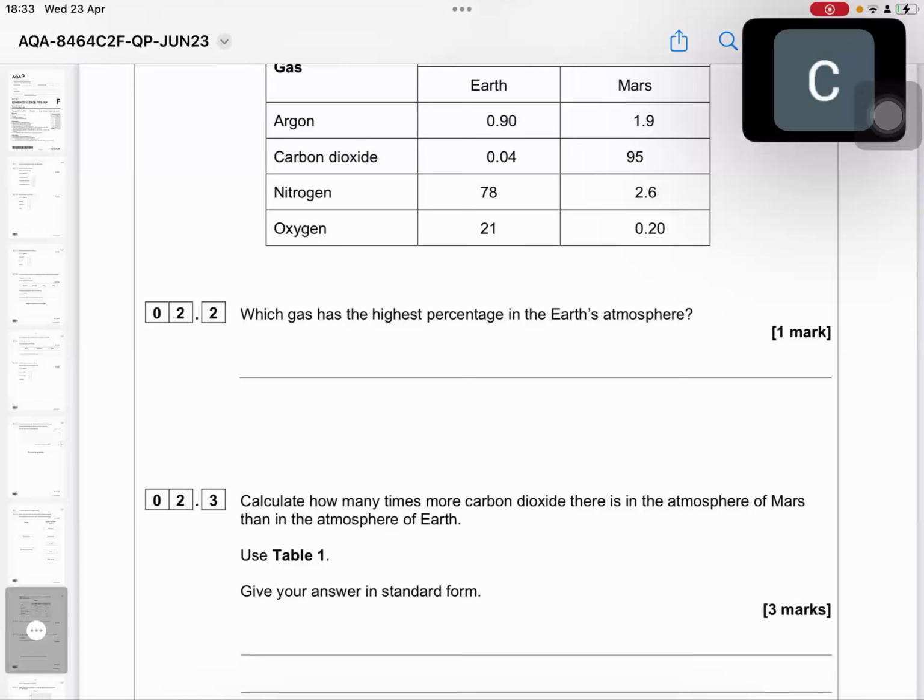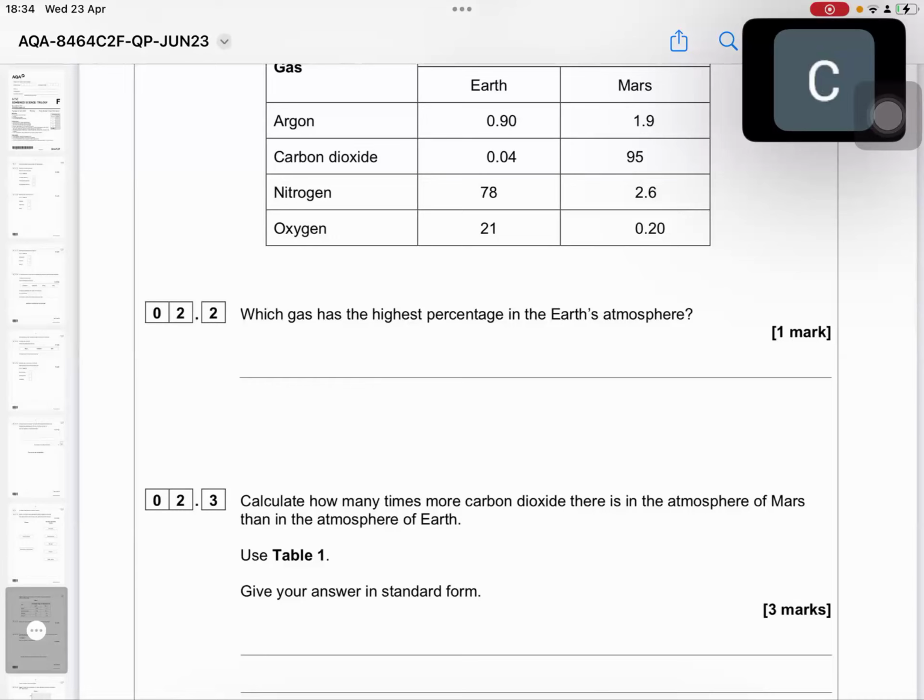Power of 3. Yes, that would be 3 because that's the number of times your decimal point will need to move to the right-hand side to make it back the original number, correct? Okay, so that's it in standard form.